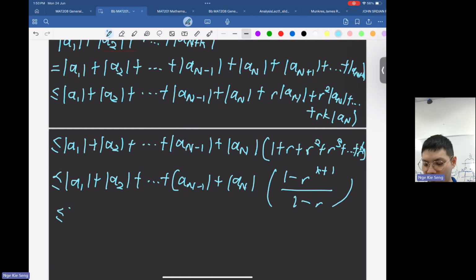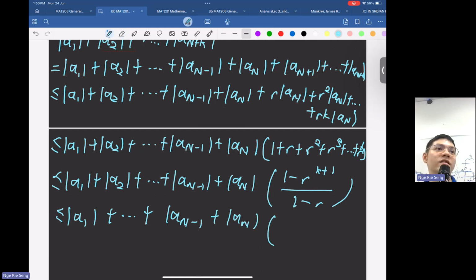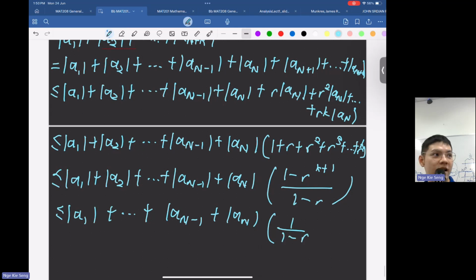So what's the sum to infinity for this geometric series? High school: 1 over 1 minus r. Correct or not? Sum to infinity.